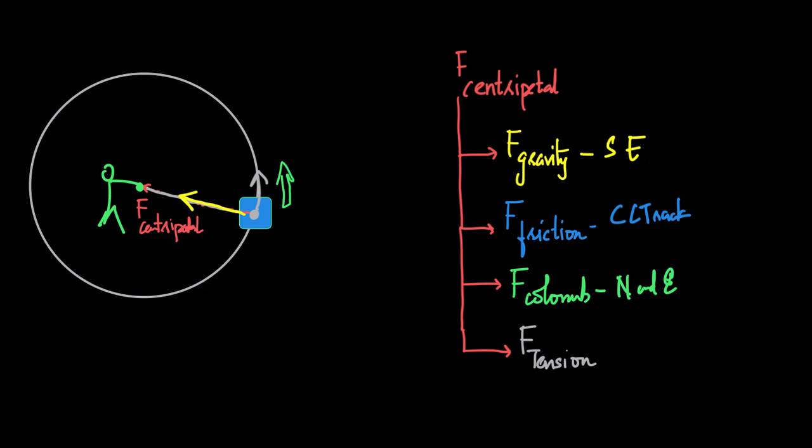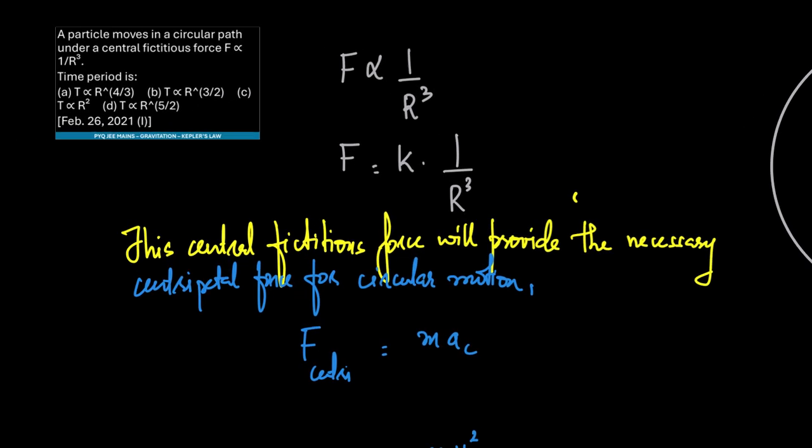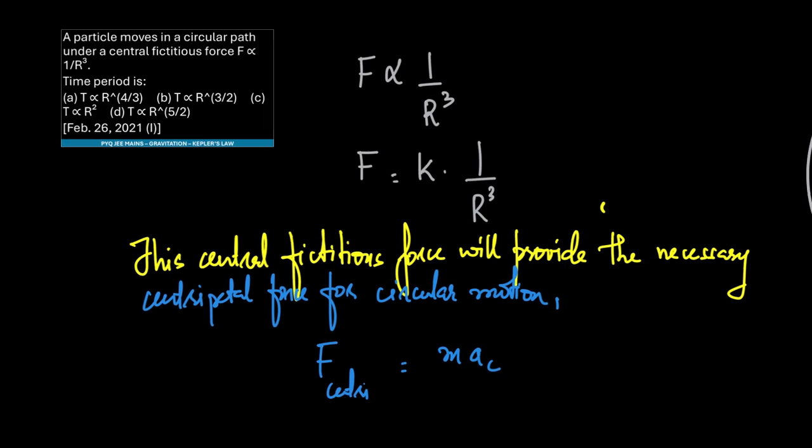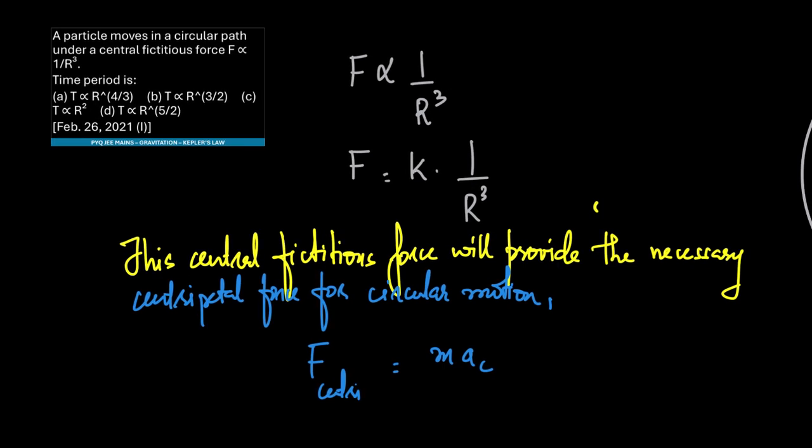So one such force here, that we are not aware of, a hypothetical or fictitious force, is given in the mathematical form as F is equal to K upon r cube. And then we've been asked to find out the value of time period.